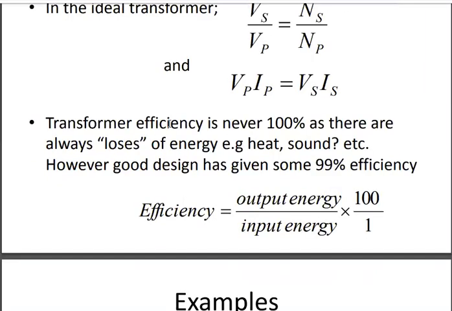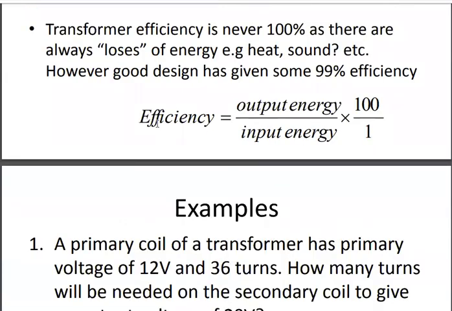So transformer efficiency is never 100%, as there is always loss of energy in the form of heat and sound. However, good design has given some transformers 99% efficiency, and efficiency of a transformer is expressed in percent.